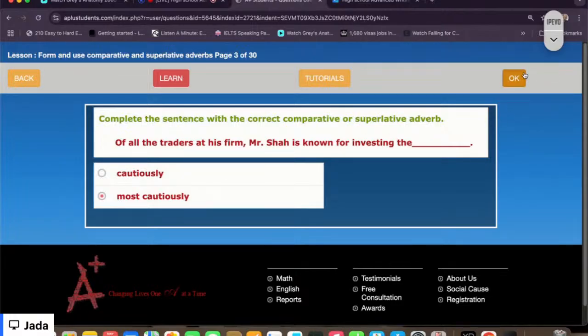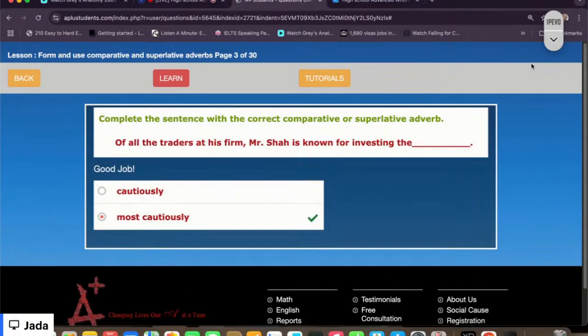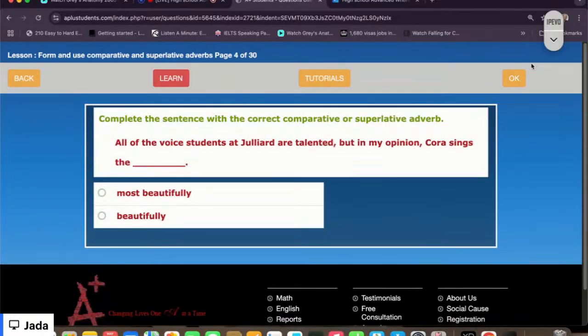All right, so investing the most cautiously. All of the voice students at Juilliard are talented, but in my opinion, Cora sings the most beautifully or beautifully.